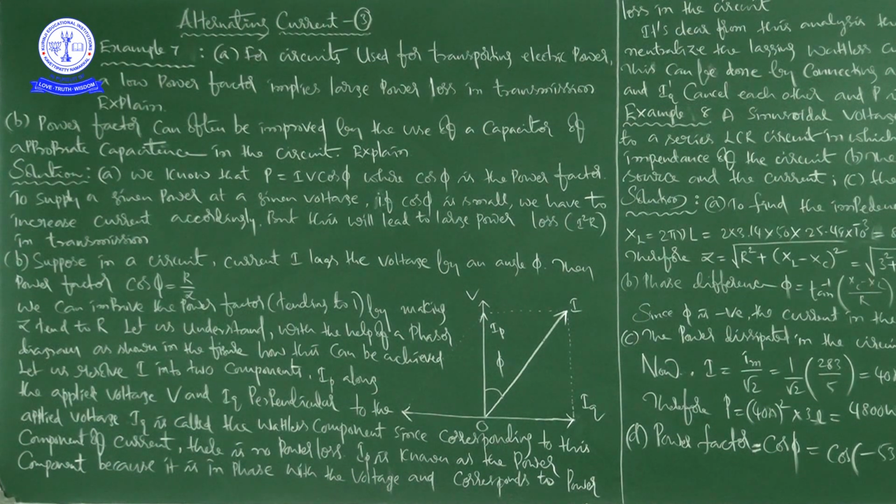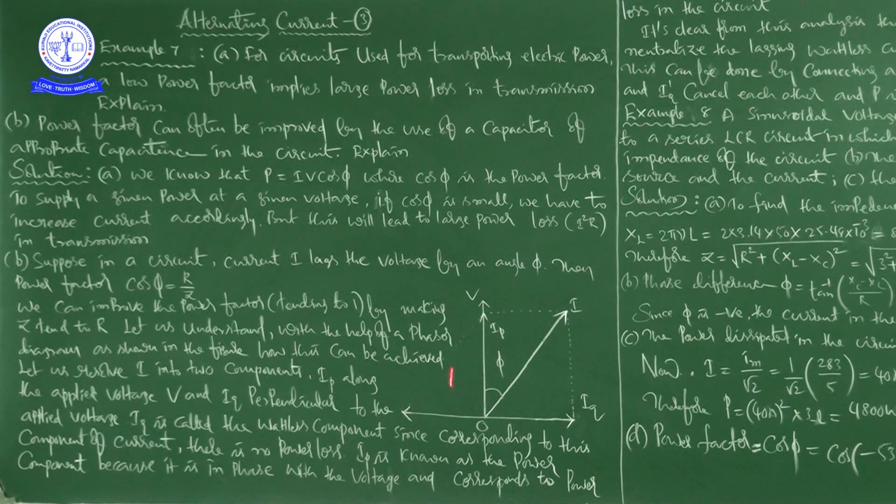So it is the maximum power factor. So we can improve the power factor tending to 1 by making Z tend to R. Let us understand with the help of a phasor diagram how this can be achieved.